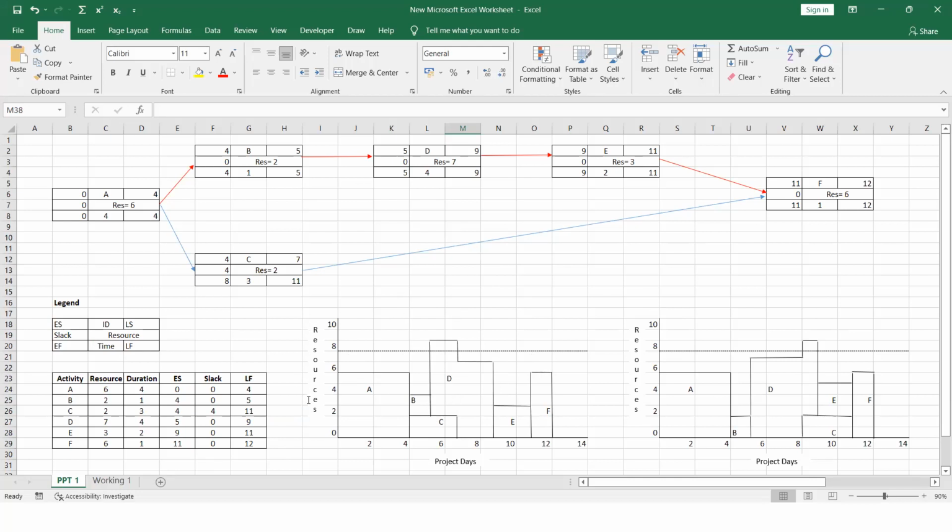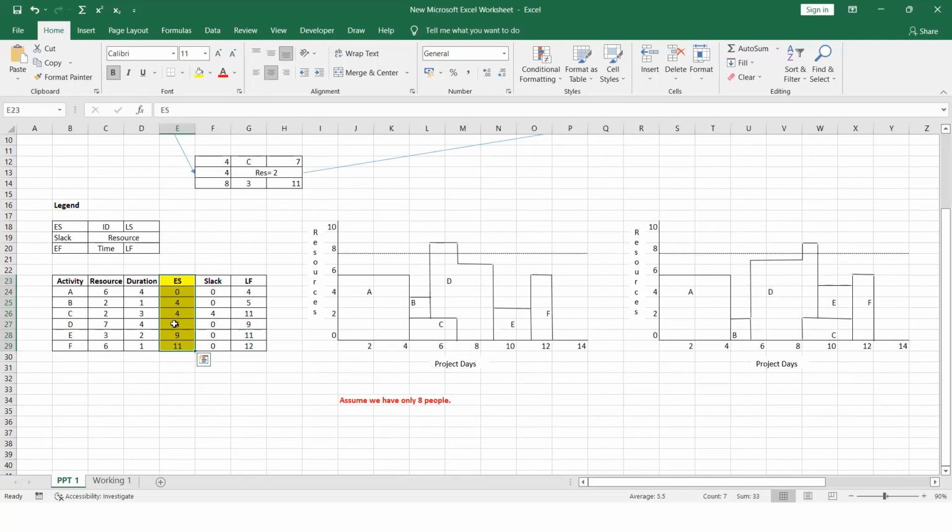The y-axis is resources and the x-axis is project days. In this initial loading chart, you are asked to start with the early start time. I have highlighted those early start times for you. The early start time of activity A is 0. That means you have to start with 0.